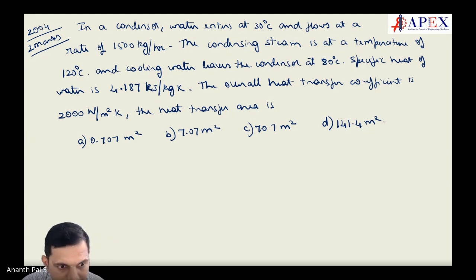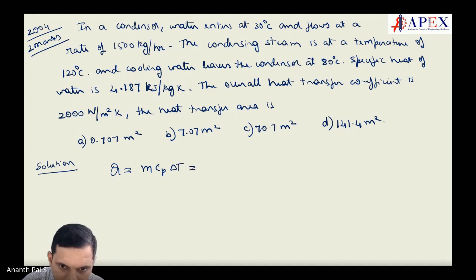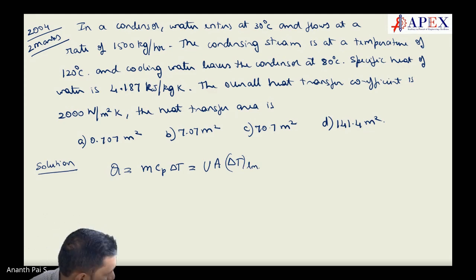Solution. See here, Q is equal to m Cp delta T, which is equal to U A into delta T log mean. Correct?